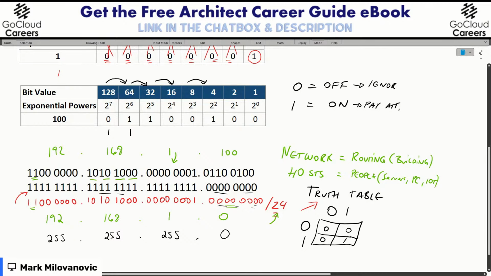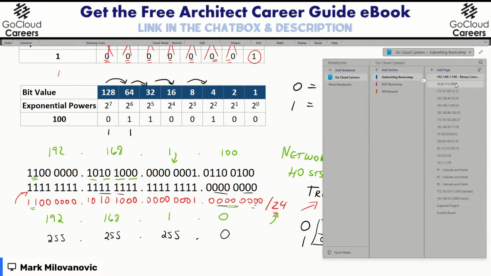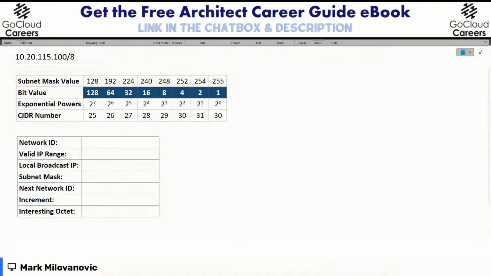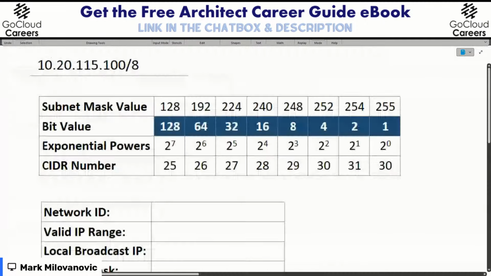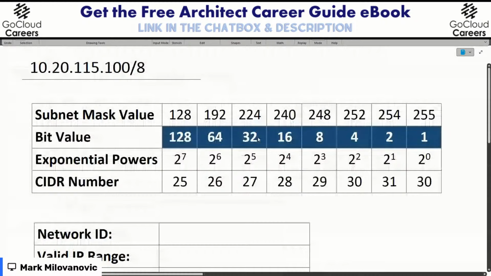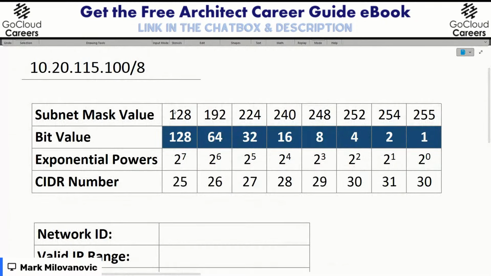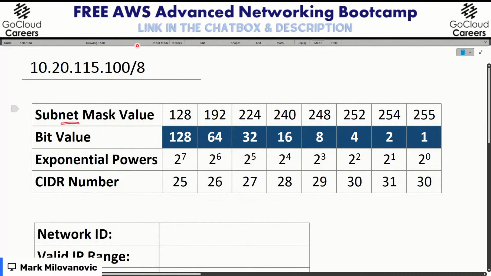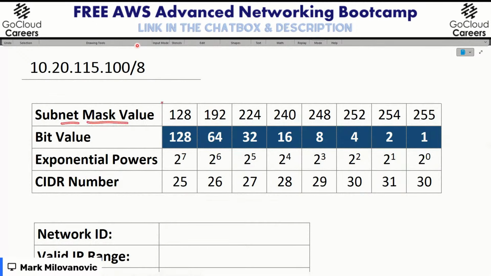So if we go back to originally what you saw me have, let's say we go to this example.